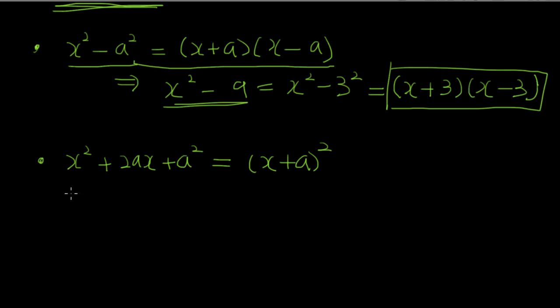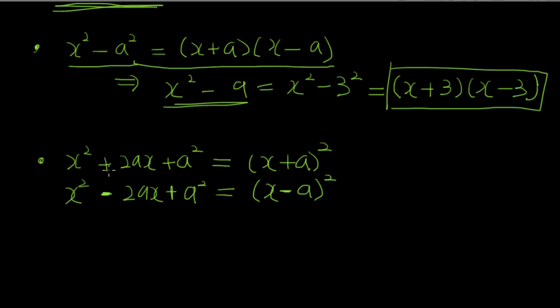Now, we mentioned this in our previous lecture, right? Similar pattern, this would be minus here now, 2ax, and this is plus right there, a squared. This would be factored as x, what would this be, plus or minus? Minus, that's right. Minus a, squared, like this.